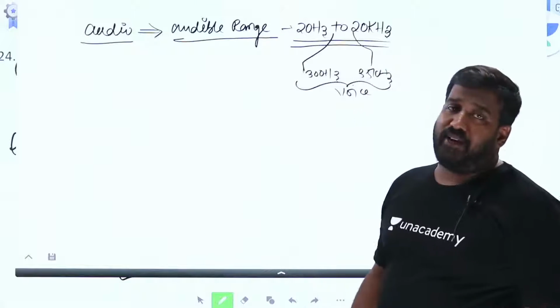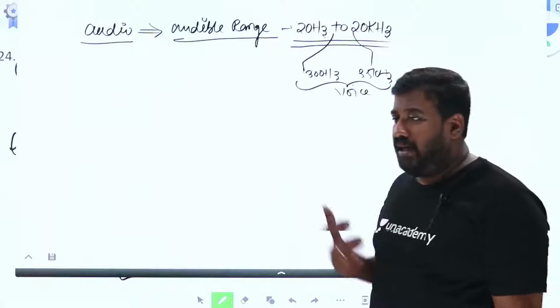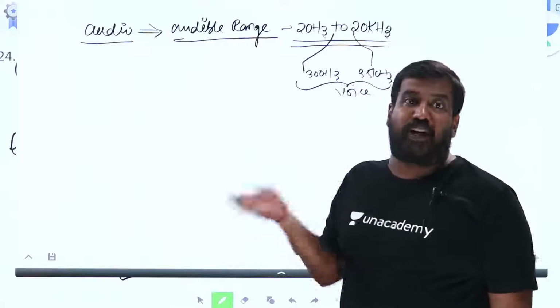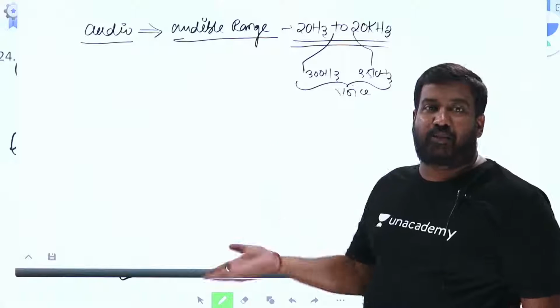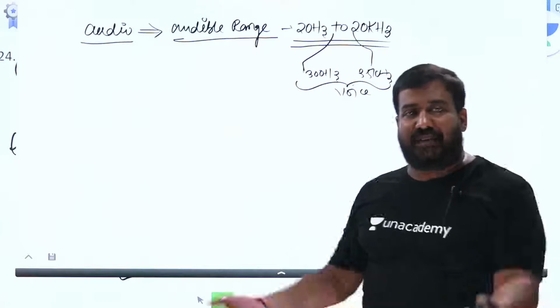And audible range frequencies are very easy to mix up. Just imagine me, one more faculty, Hari sir, and one more faculty, Satish sir, speaking together. All GATE Conqueror channel faculty are speaking together, taking a combined class on the same platform at the same time. Will you understand anything?